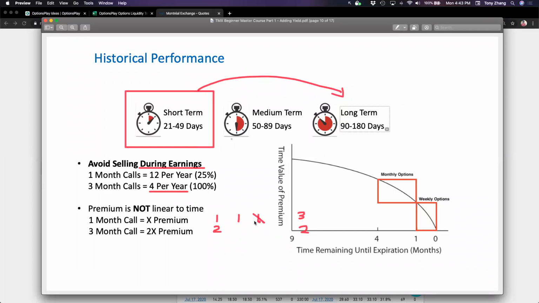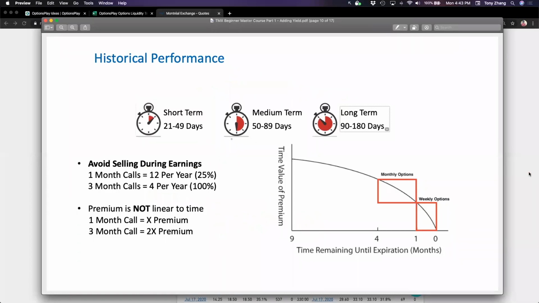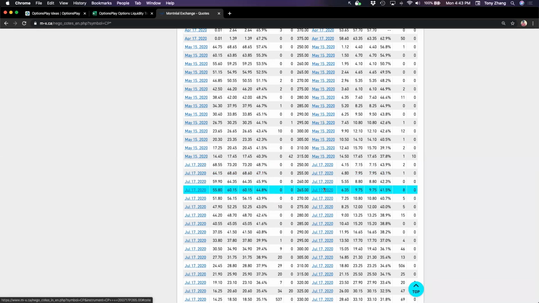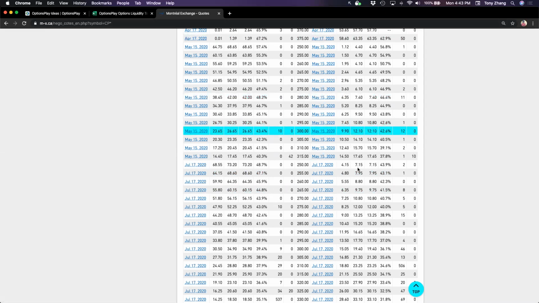And that means I can even avoid the month where there's an earnings coming up and collect the same amount of premium without the risk of taking on when earnings is coming up. So these are all the reasons that whenever you're selling options, and you don't necessarily have to sell short-term options, it's just that when you're using a page that looks like this, and you're trying to decide, should I trade April or May or July?